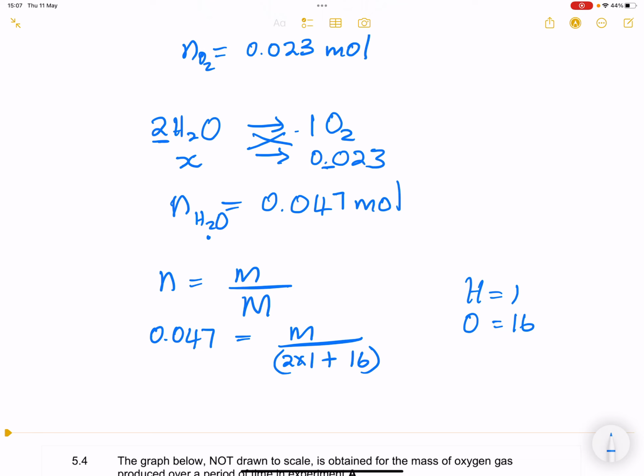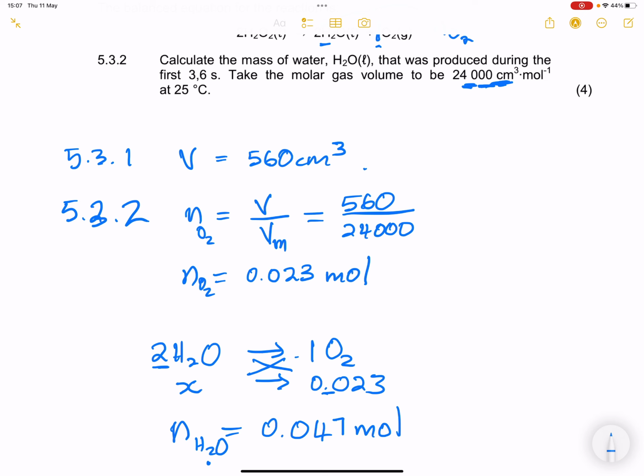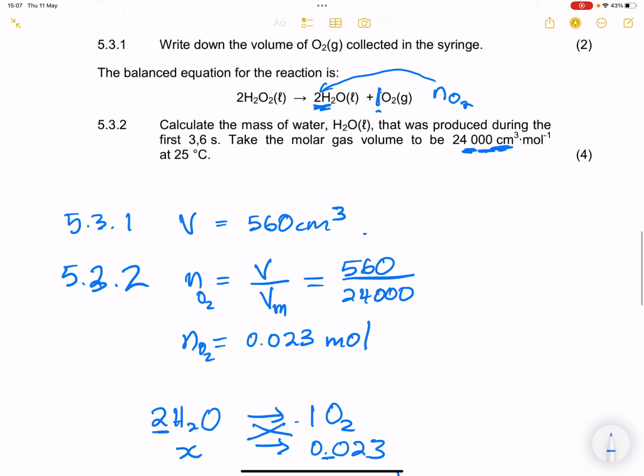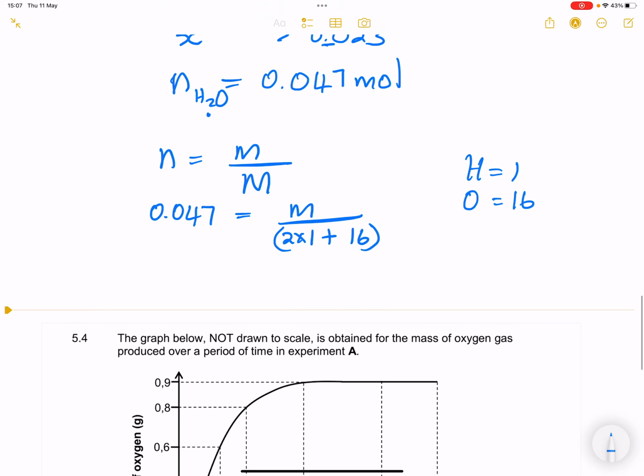Please remember, you do not multiply by the stoichiometric coefficient, so you don't multiply by that 2 in front of the water. The only time that you multiply is for the 2 hydrogens here, which is why we said 2 times 1.